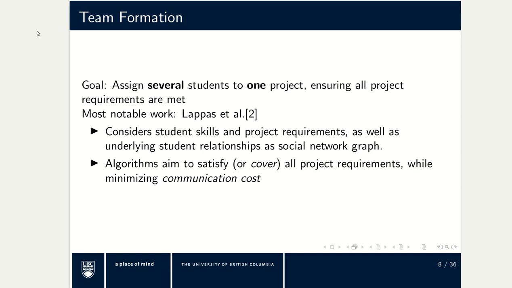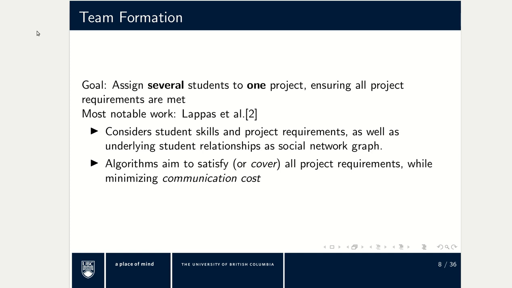They consider student skills and project requirements as well as all underlying student relationships as a social network graph. Their algorithms aim to cover all project requirements, so make sure every project requirement is met by the skills of the people in the group, while also minimizing communication costs.